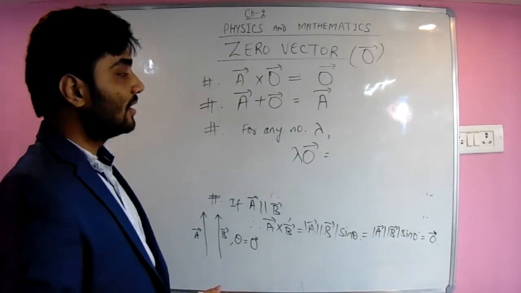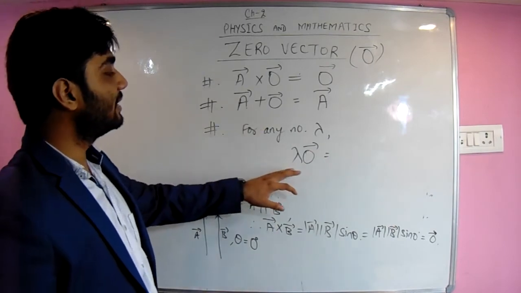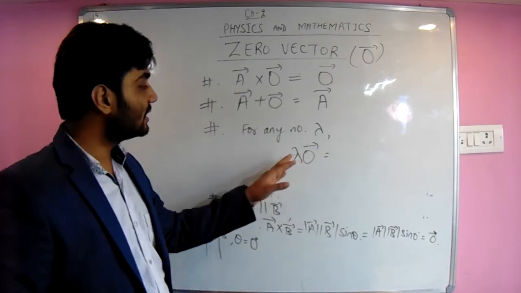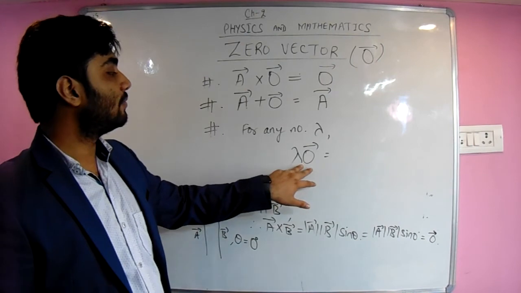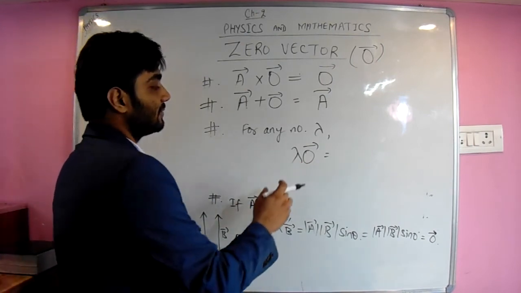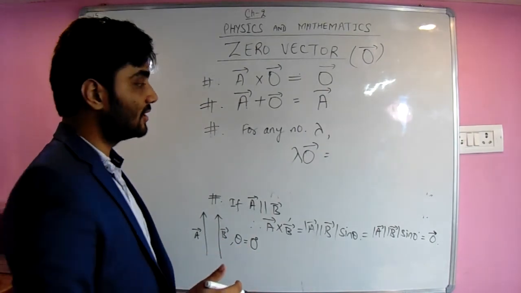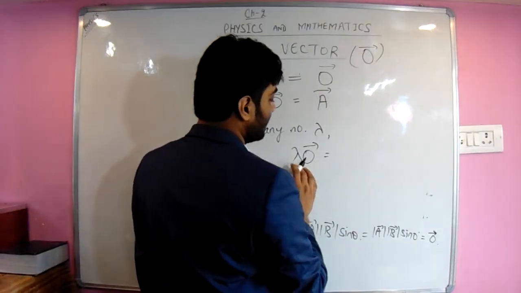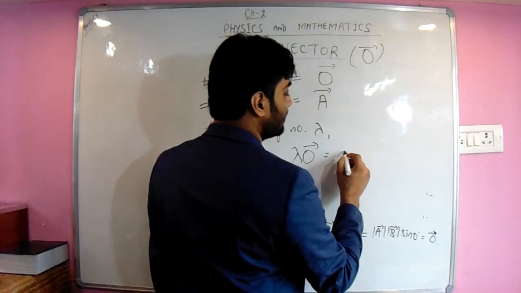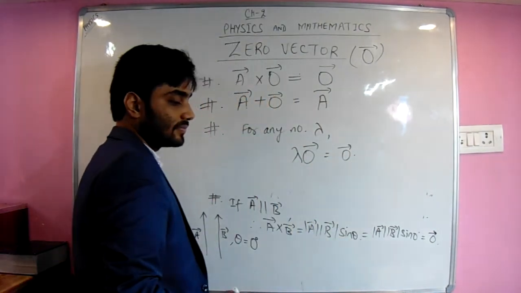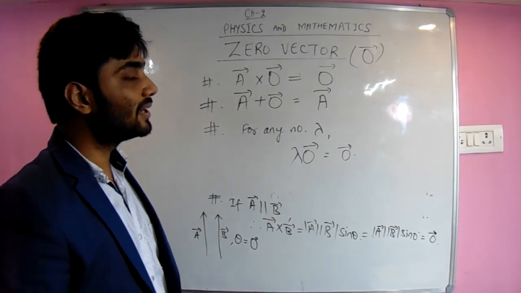In physics, when we multiply a number by a vector, we only place one beside the other, not cross each other, because cross product or dot product makes confusion in that question. Lambda times zero vector becomes the zero vector. So this is completed, note it.